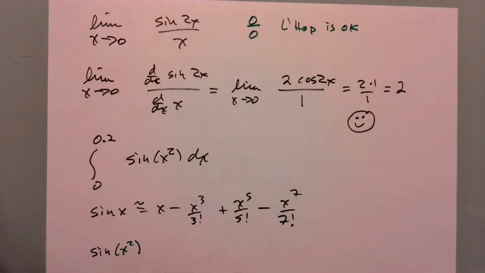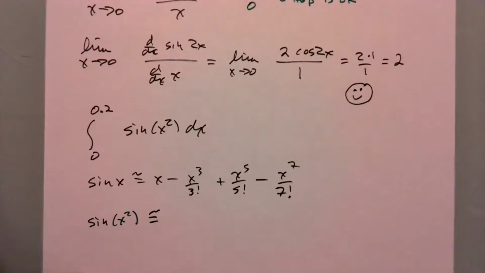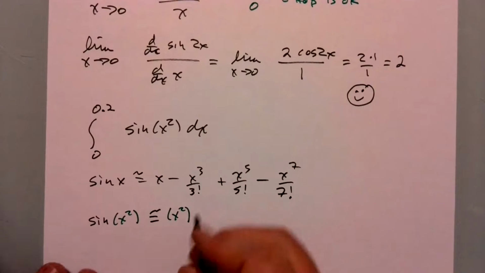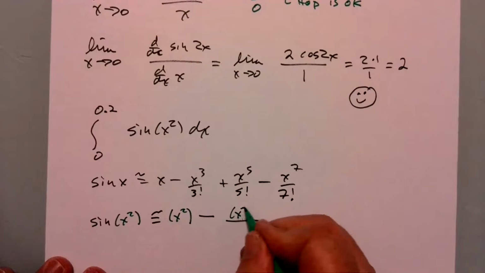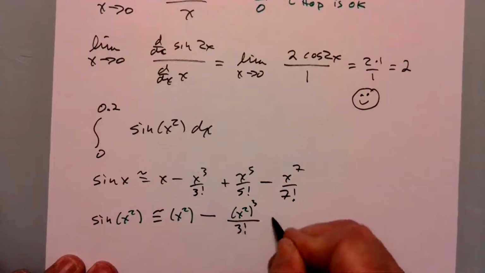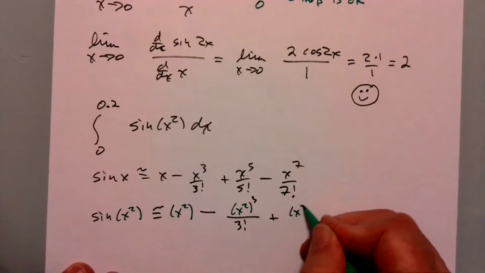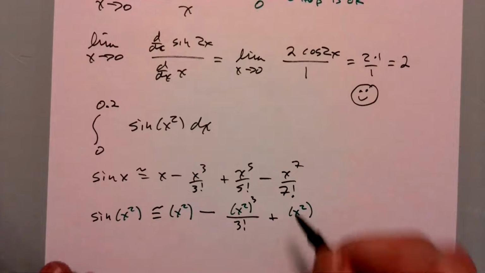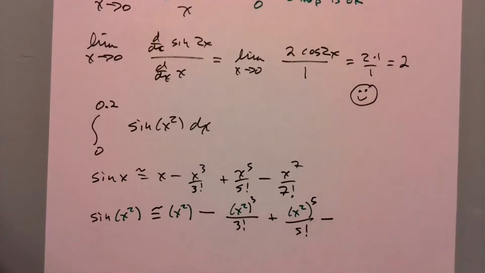So the sine of x squared is approximately equal to x squared minus x squared cubed over 3 factorial plus x squared to the 5th over 5 factorial minus x squared to the 7th over 7 factorial.